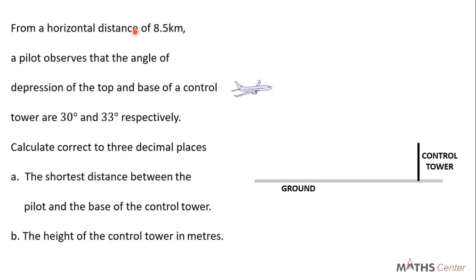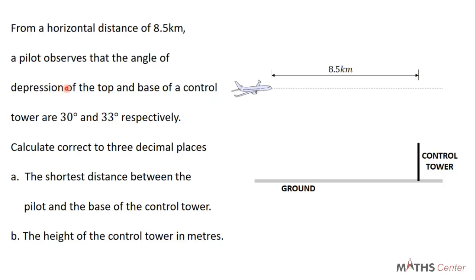It says that from a distance of 8.5 kilometers, it means that between the pilot and the control tower is 8.5 kilometers.